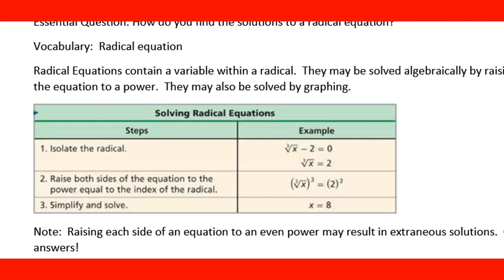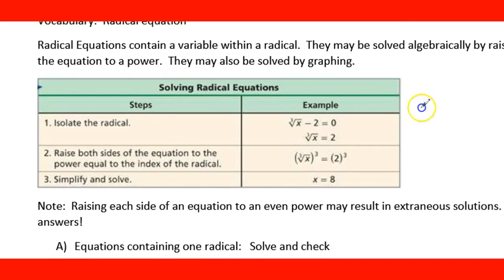Then after you isolate the radical, you want to raise both sides of the equation to the power equal to the index of the radical. Now, you talk about the index, you have to remember what the index is.